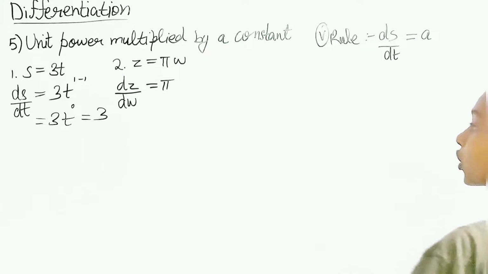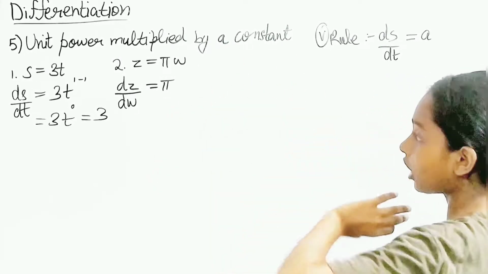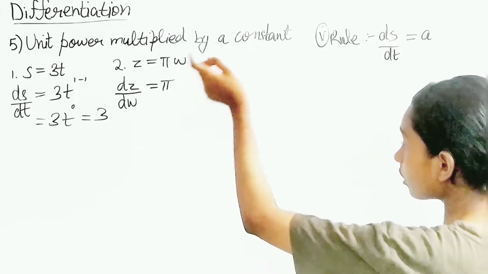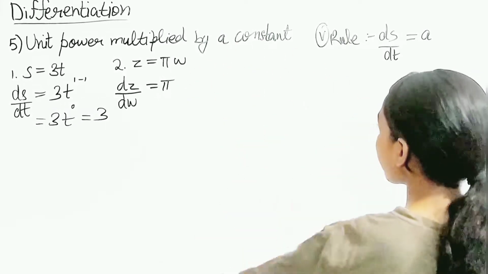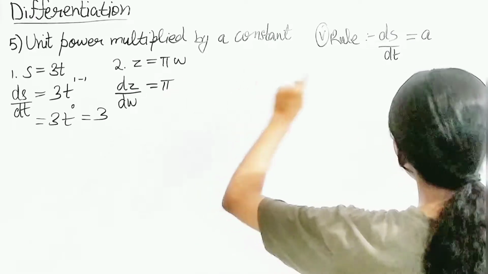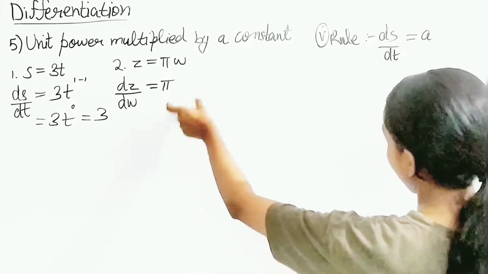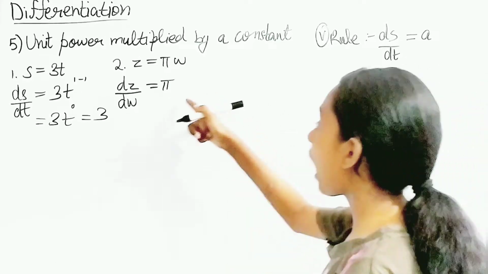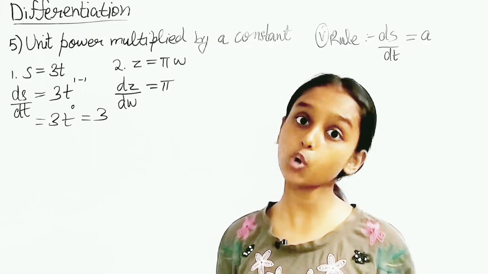After a unit part is multiplied by a constant, we finally always get a constant, whether it's pi, or 3, or 11, or 1.4.